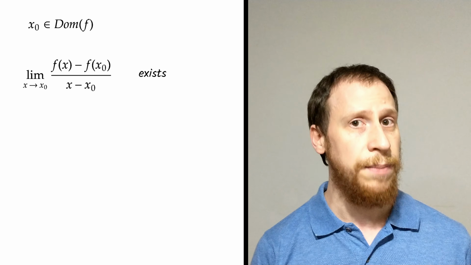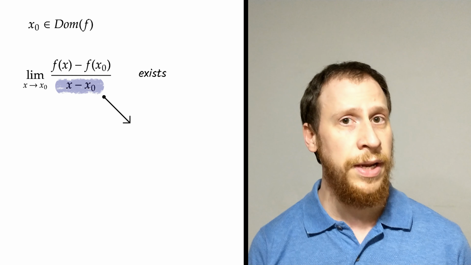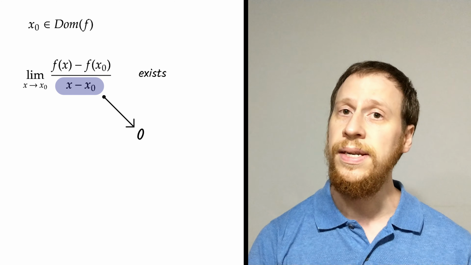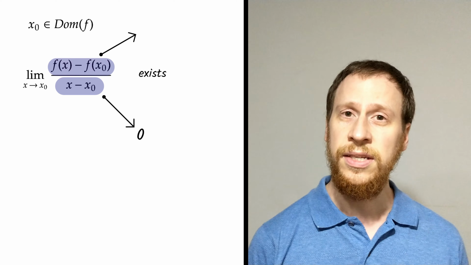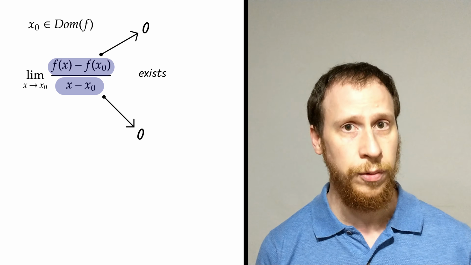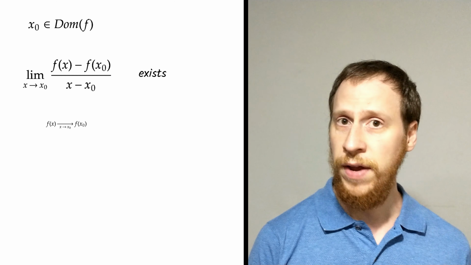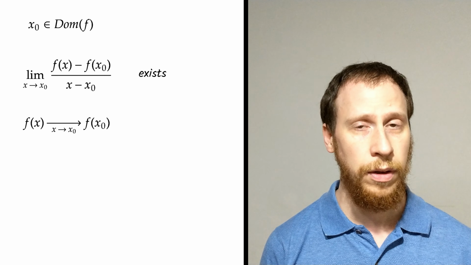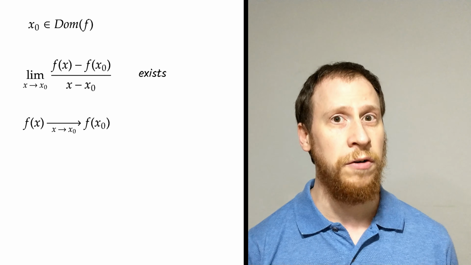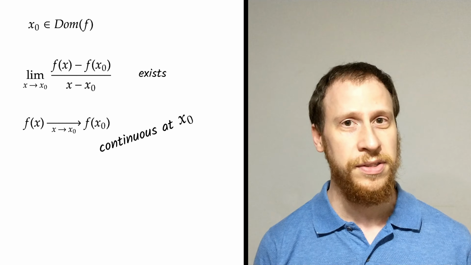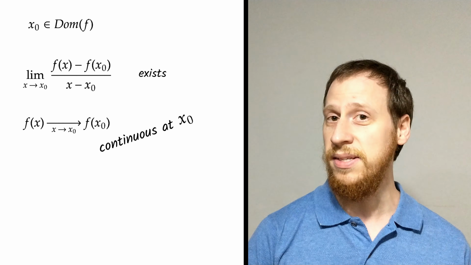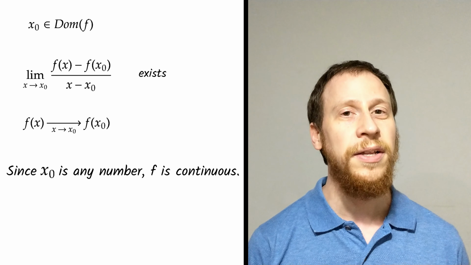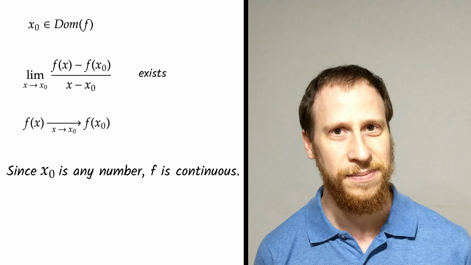But as x approaches x0, the denominator goes to 0, and the only way for this limit to exist is that the numerator also goes to 0, which means that f of x goes to f of x0 as x approaches x0, which is actually the definition of f being continuous at the point x0. And since x0 was just any number in the domain, the function is continuous.